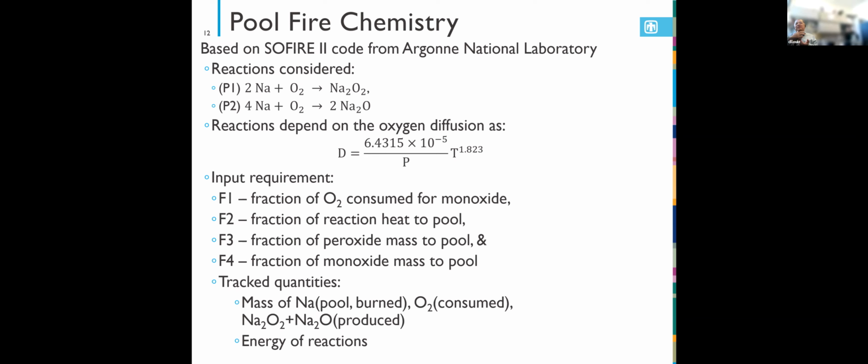In theory, let me show you the video, probably better before I explain. Anyway, 4 shows how much monoxide mass stays in the pool, if the difference is going to the atmosphere. And again, the tracked quantities are the mass of the sodium in the pool, and the burned sodium, how much oxygen is burned, how much sodium byproducts are produced, and of course the energy of the reactions.